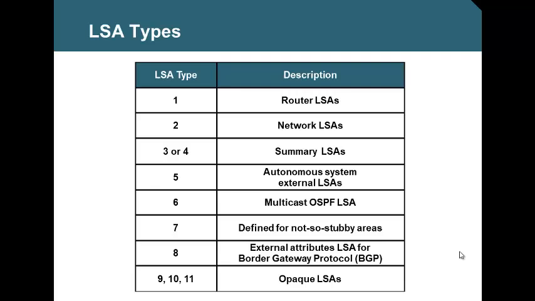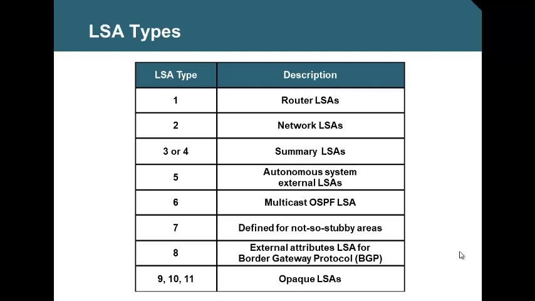So, for area 0 to know it, the ABR takes the type 1 and type 2 that it is learning from the area 1 side, and passes it out as type 3. The same advertisement, type 1 and type 2, is converted to type 3 so that it can be sent to the other area.